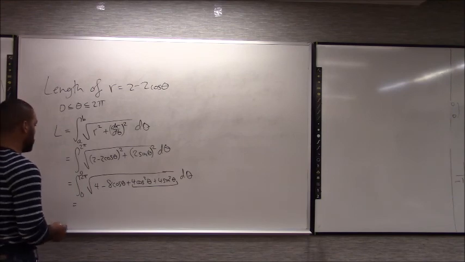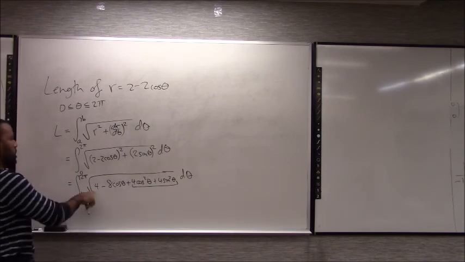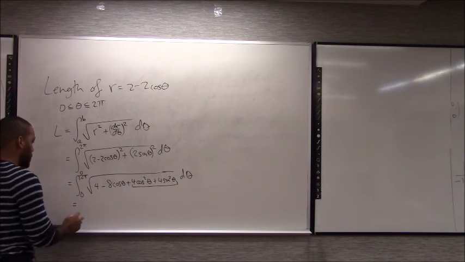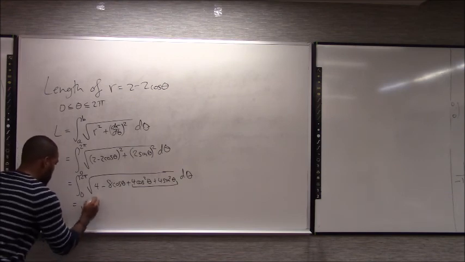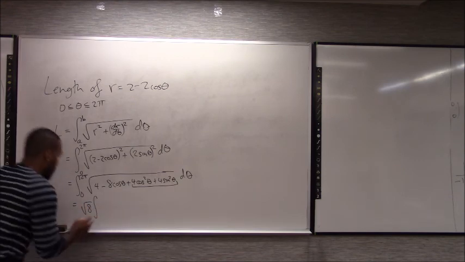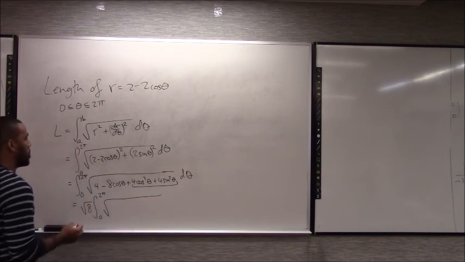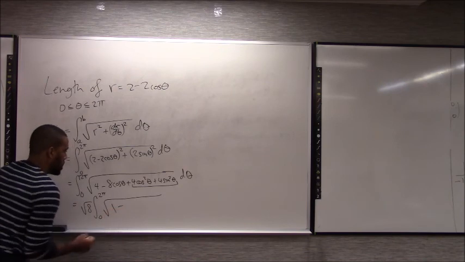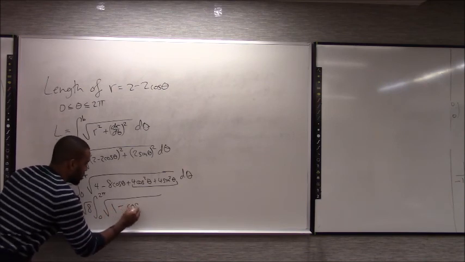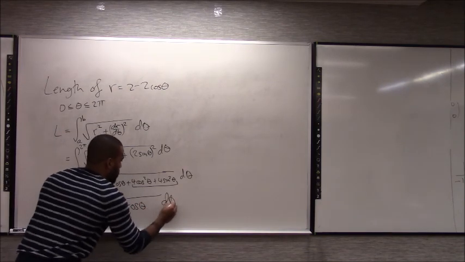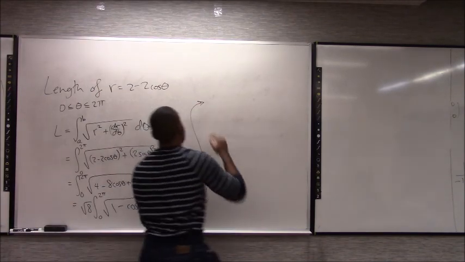And so we have pretty much 8 minus 8 cosine theta. We can factor out a radical 8 maybe, 0 to 2 pi, and we would be left over with 1 minus cosine theta, d theta. Okay, how do you guys integrate that?